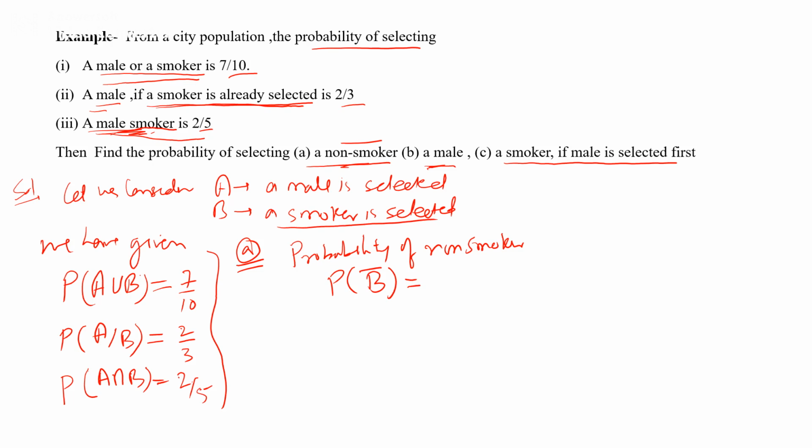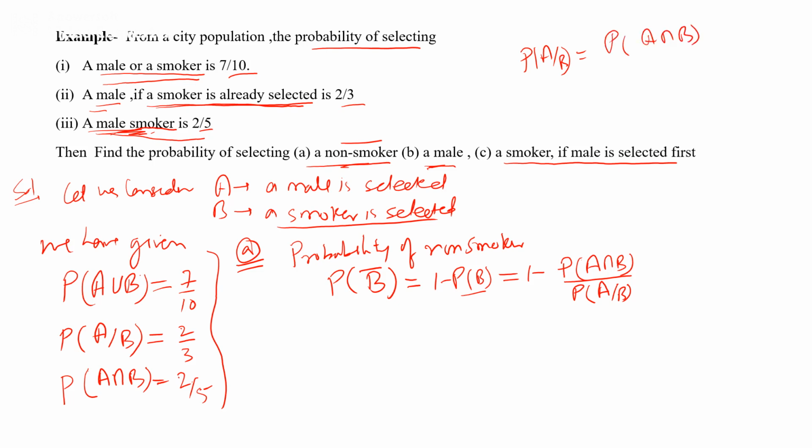So we can write 1 minus probability of B. Here probability of B can be found by probability of A intersection B upon probability of A given B. If you remember the formula, probability of A given B, we write probability of A intersection B upon probability of B. So if we know these two, we can easily find the third one.